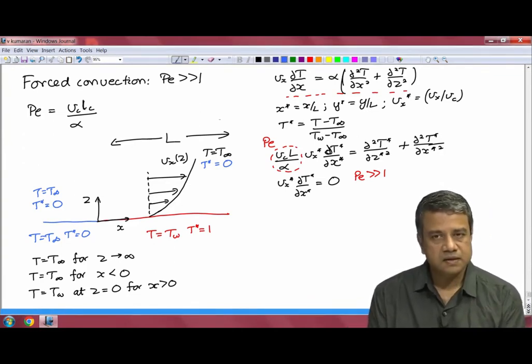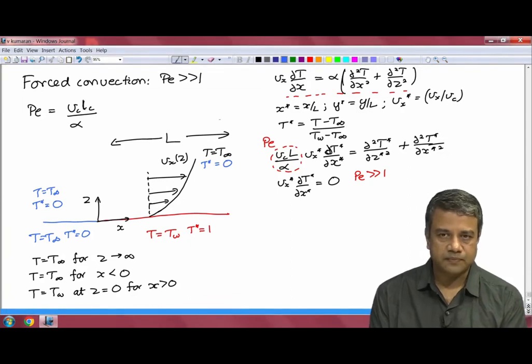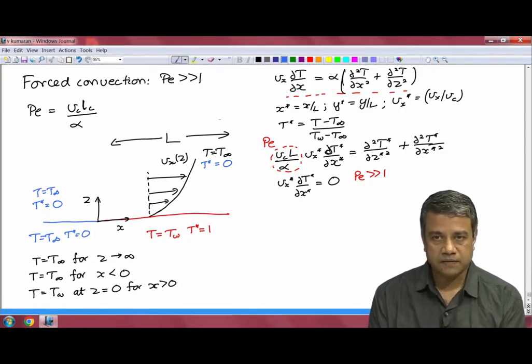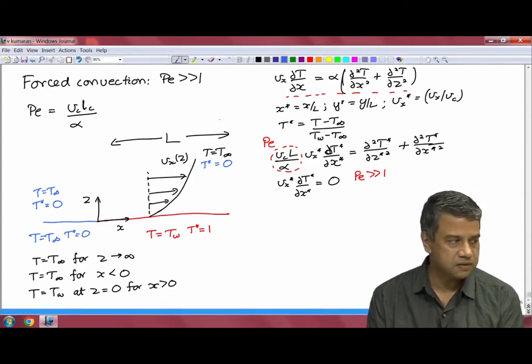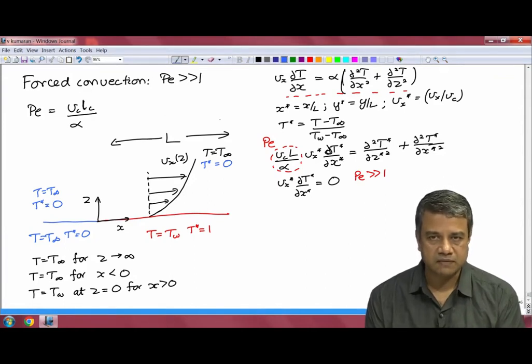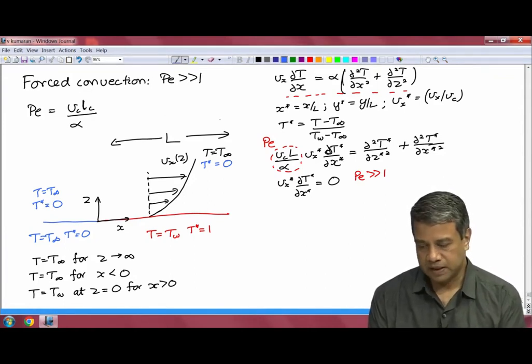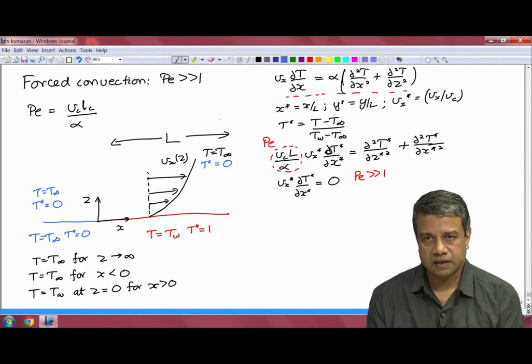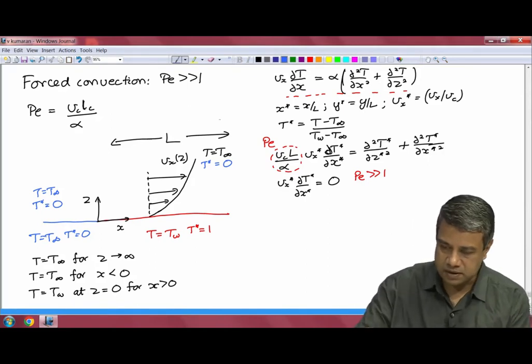So, if T star is equal to 0 upstream, and T star is independent of x, that means that T star is equal to 0 everywhere. It is equal to 0 at all locations, because it is the upstream fluid that is getting convected as it flows along, and we have neglected diffusion terms. So, this just gives you a trivial solution that T star is equal to 0 everywhere.